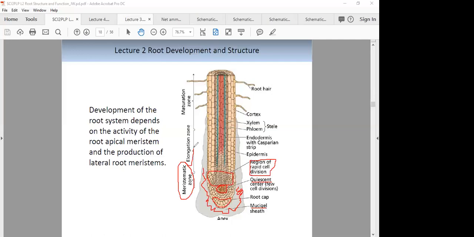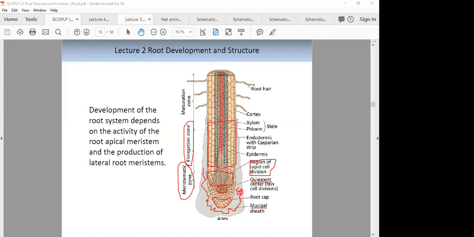Then we move on to the elongation zone, which is about in this region. And these are the cells that were formed most recently, and they're still growing, differentiating, elongating, and of course they're the ones that actually give length and growth to the root itself.